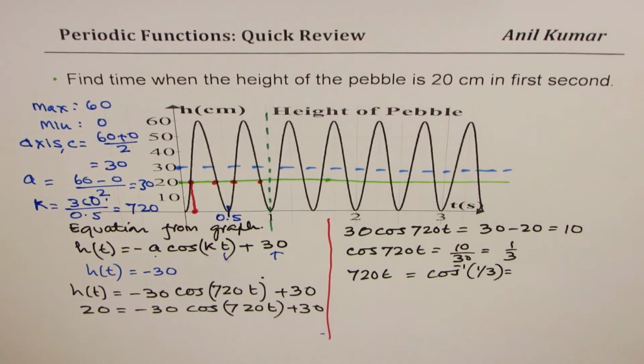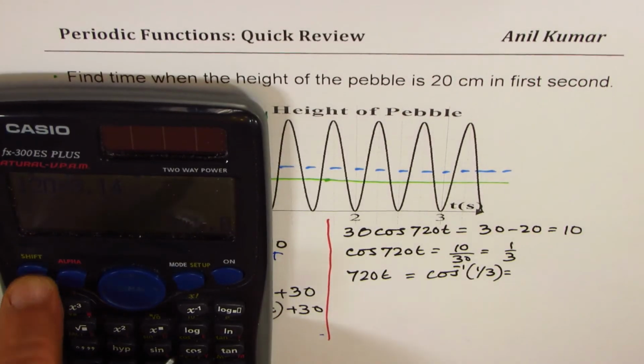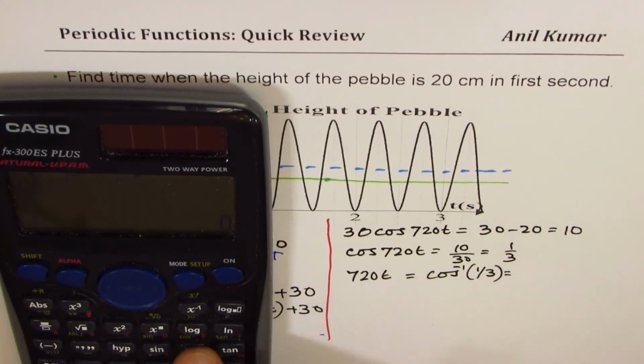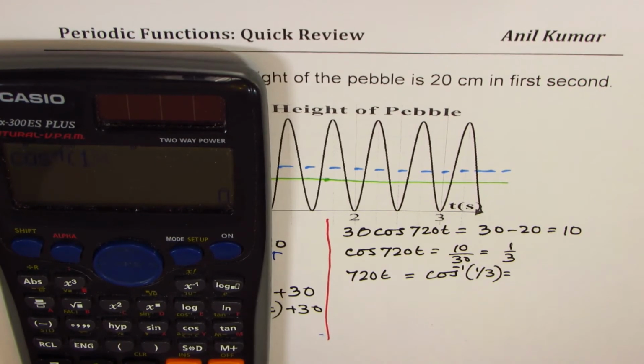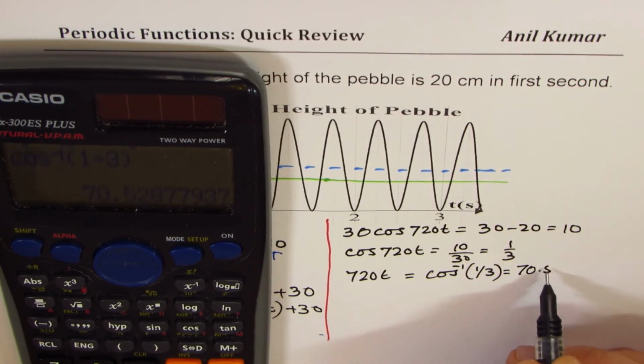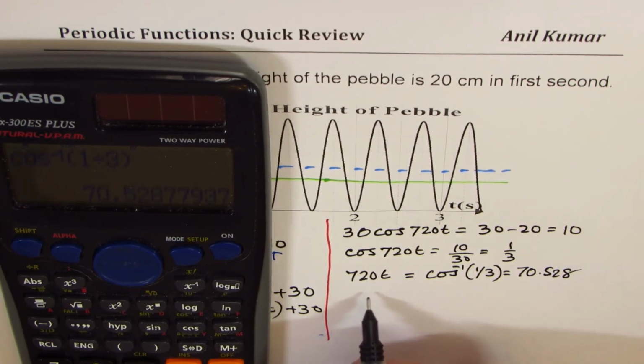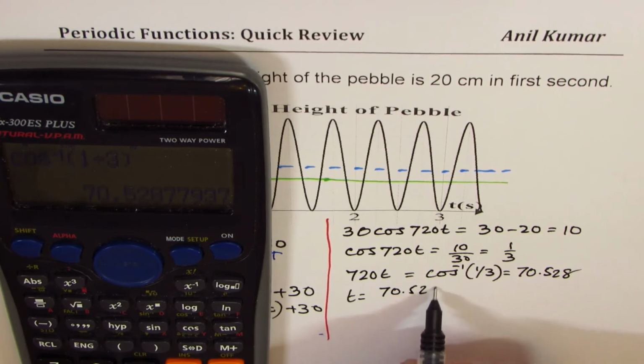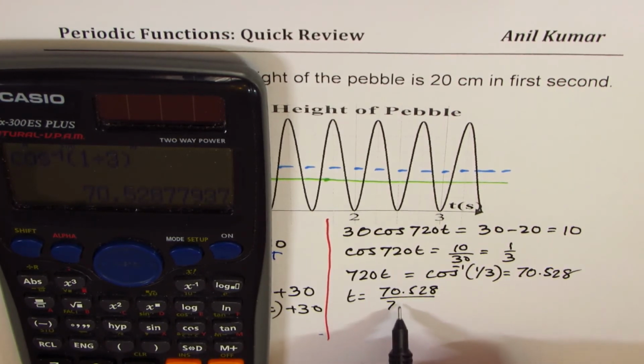We are working in degrees. So we'll find cos inverse of 1 divided by 3, bracket close, equals. We get 70.528. So t is equal to 70.528 divided by 720.